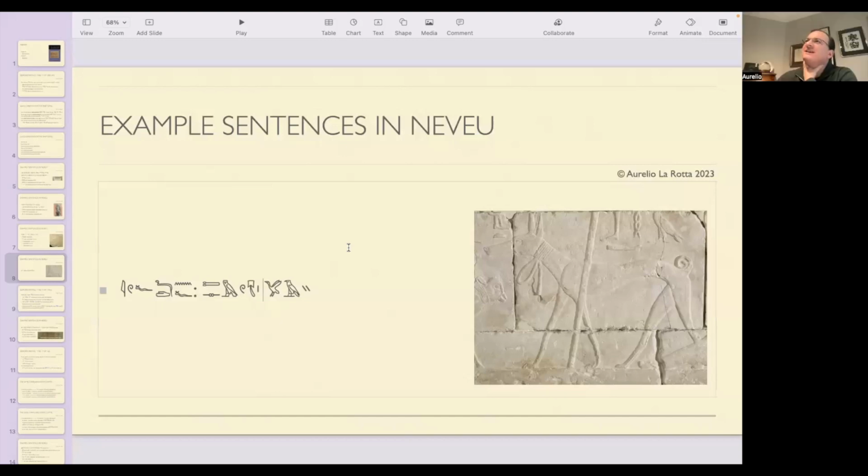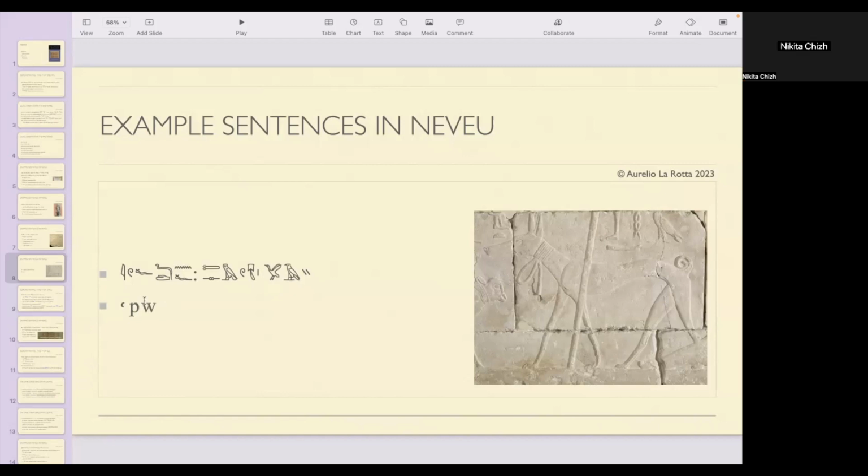You have the B-poo kind of paradigm in Middle Egyptian, right? Usually it's A-poo. There are three models for these: A-poo B, A-poo, and A-B.